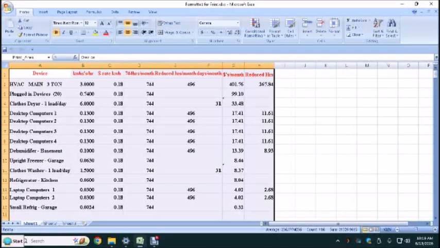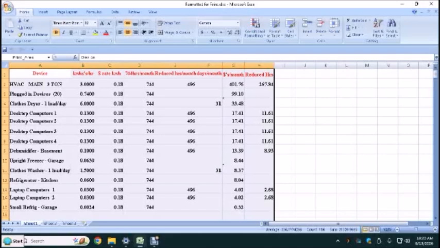Finally, this is the total dollars per month for a 24/7 device like my main air conditioner at 744 hours running 24/7. And this is if 8 hours a day it was not running.